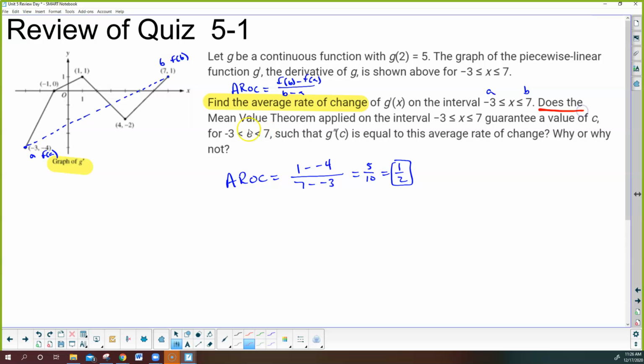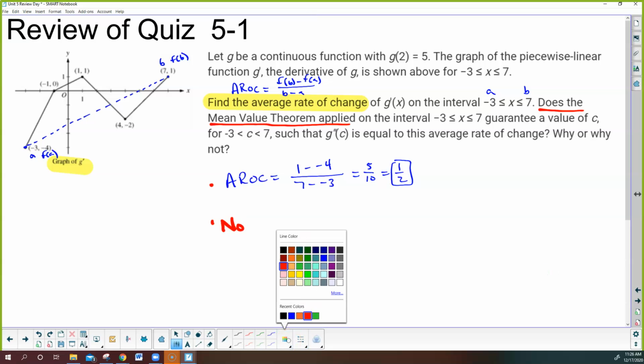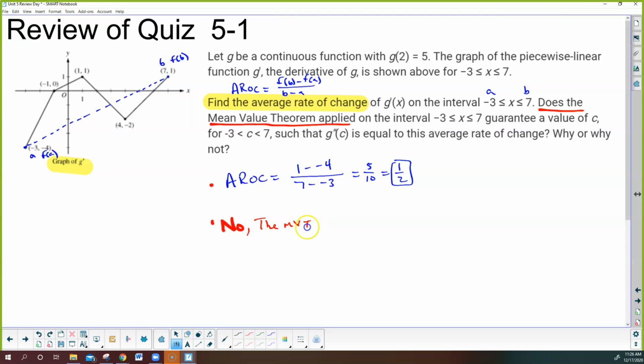Then they say, does the mean value theorem apply on the interval and guarantee that there's a C value? And then it says why or why not. So the second part is no. The mean value theorem, and you can abbreviate it MVT, the mean value theorem needs to be continuous.